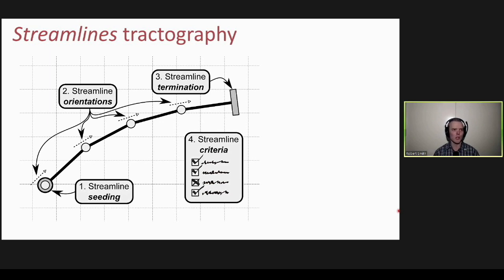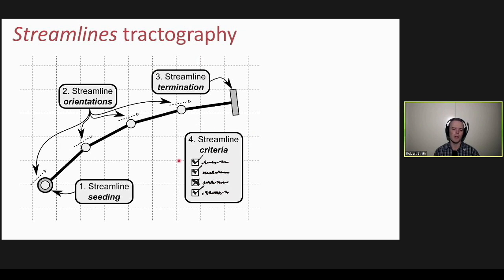When you start looking a bit more into the pragmatics of how a streamlines algorithm works, here I've broken it into 4 different sections. One is what I call streamline seeding. So this is simply determining where in space you're going to start your reconstruction. There's the way in which you sample from these fiber orientations in order to propagate the streamline. You then have to, at some point, make a decision about when you are going to stop propagating the streamline, to terminate it.